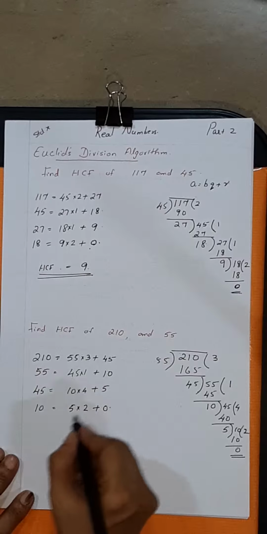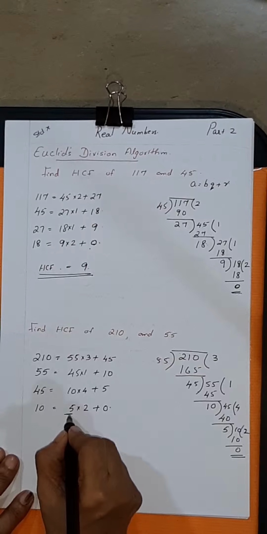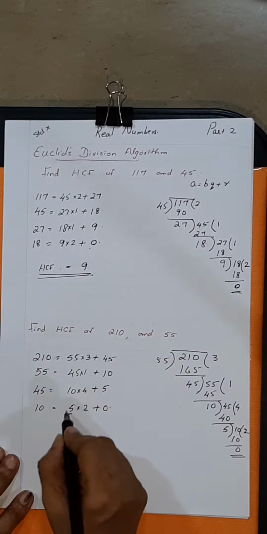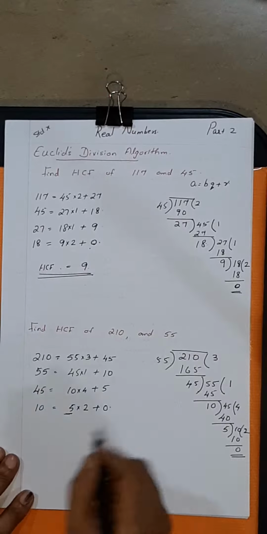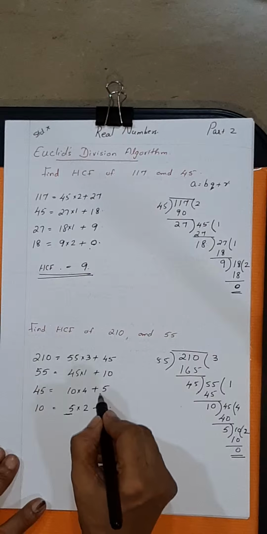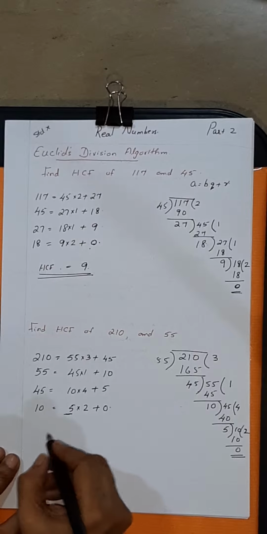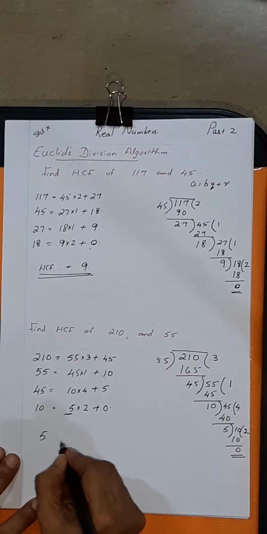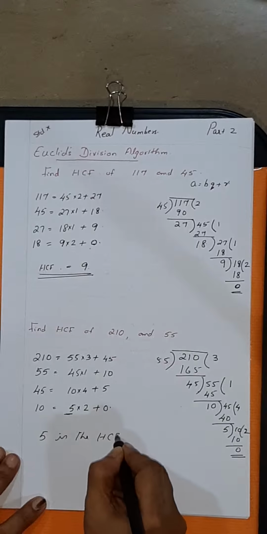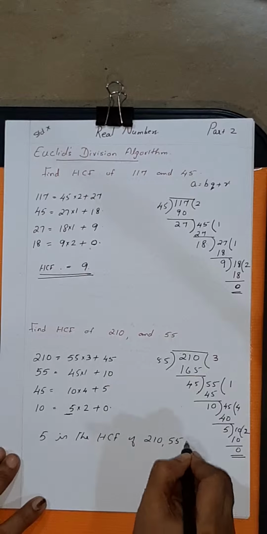Now this 5 is the HCF. You got 0 in this step, so this 5 will be the HCF, or you can think of it as the remainder in the previous step. So 5 is the HCF of 210 and 55.